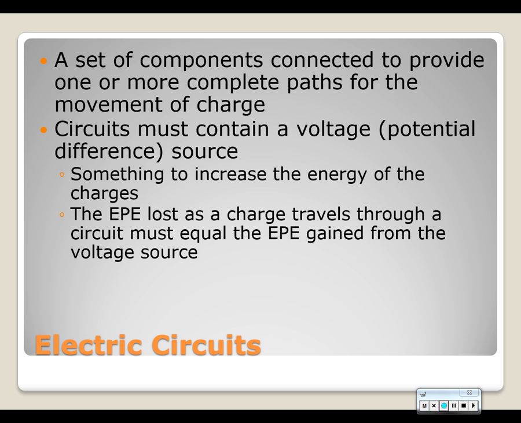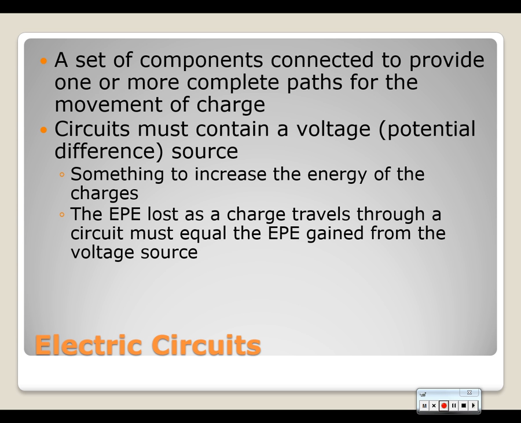All of those things are ways that the charges that go through the battery and gain energy can ultimately lose that potential energy into other forms. So that's really what a circuit is, a way for those charges to gain energy and then for us to use that energy by turning it into other forms. That's the circuit. All right, it's good?